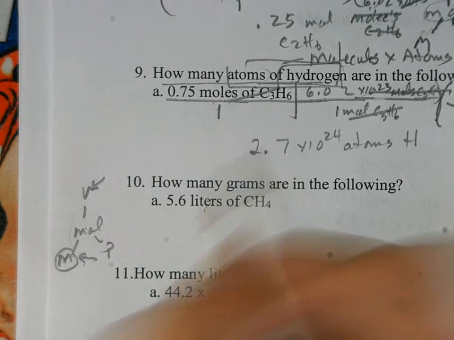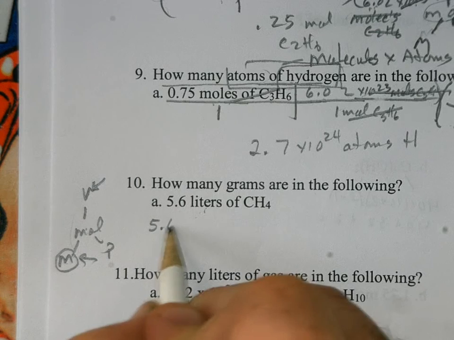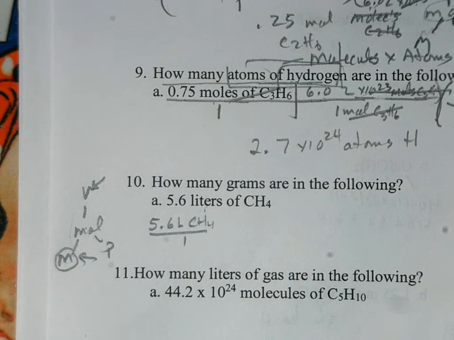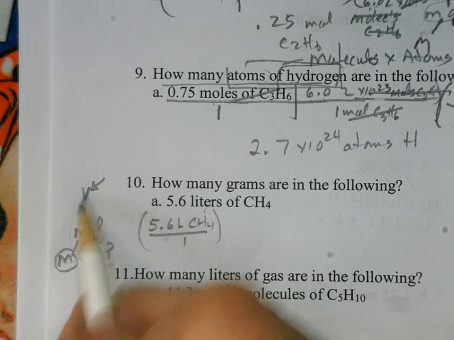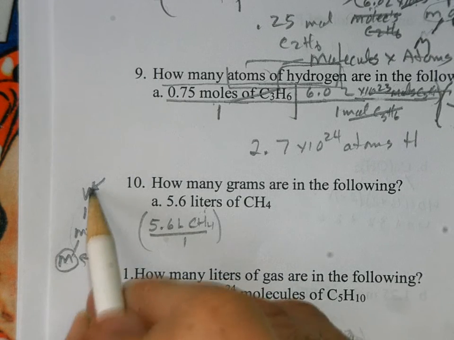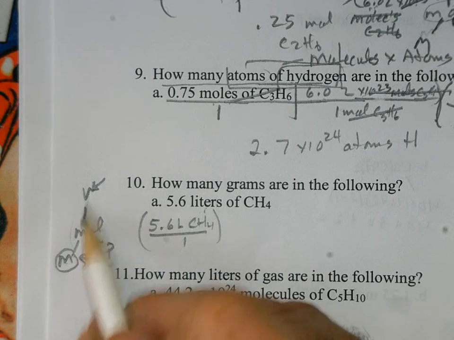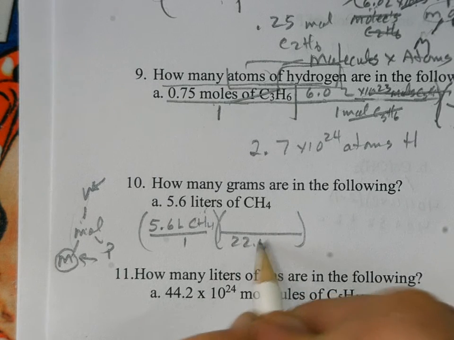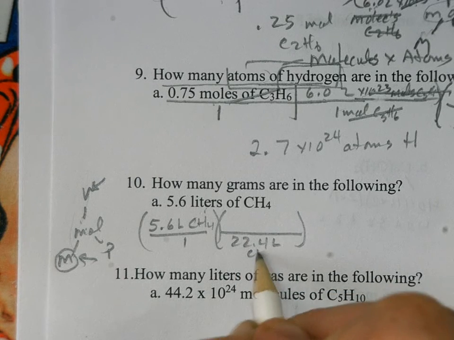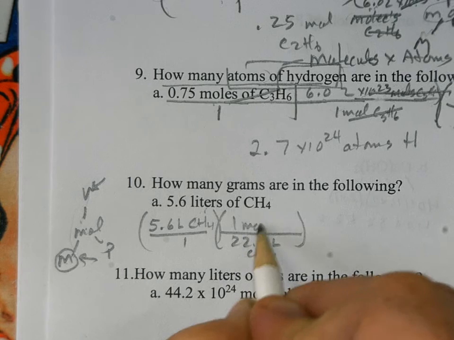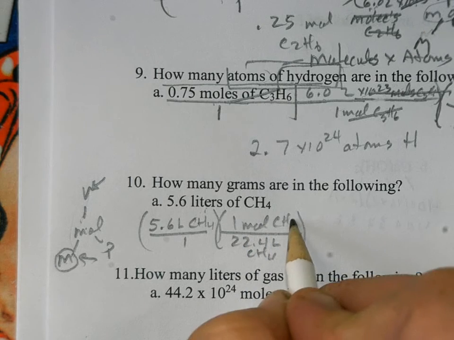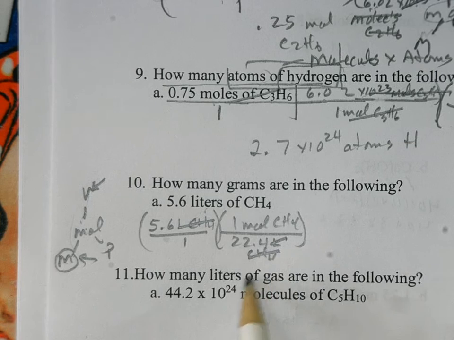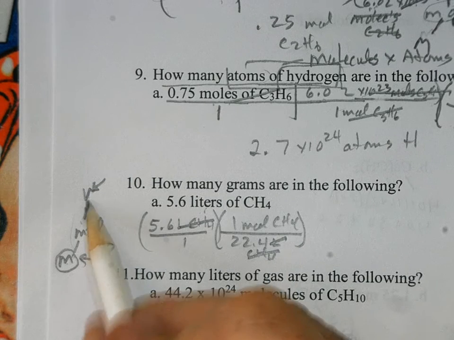So we're going to start with 5.6 liters CH4 over 1. That's our given. Since we're at liters, we need to change it to moles, so we divide by the magic number of 22.4 liters of CH4 in 1 mole of CH4. Liters of CH4 cancels with liters of CH4, so now we've moved to here.